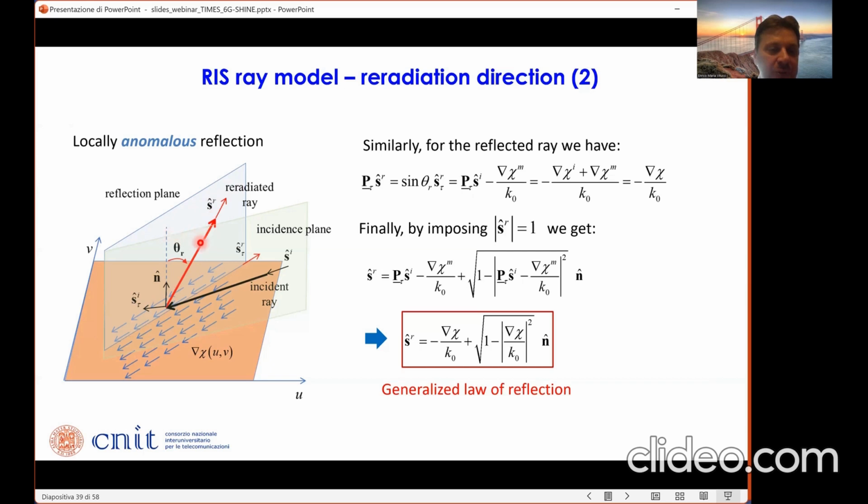And also we will have this angle theta r, which is the angle of the radiated ray with respect to the normal on the radiation plane.